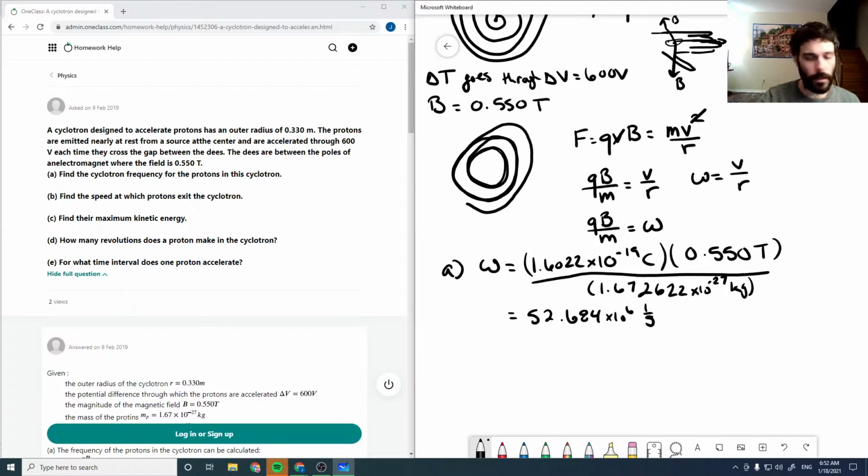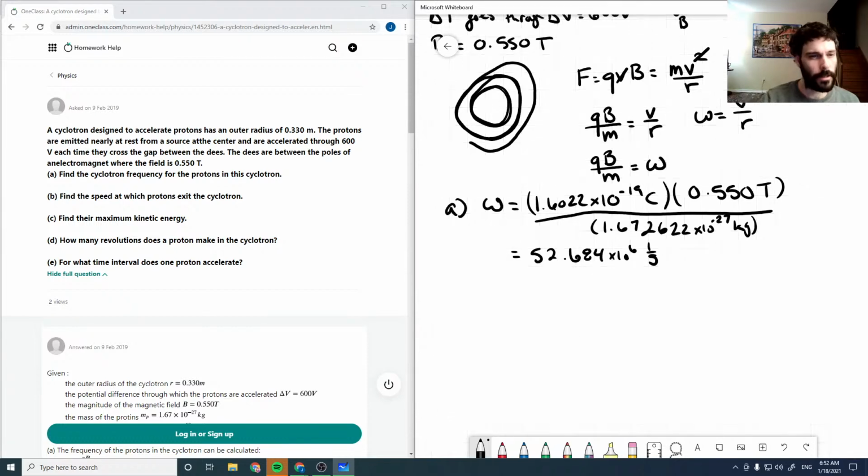Find the speed at which the protons exit the cyclotron. So v is omega r. So omega is not going to change as it goes around and around.